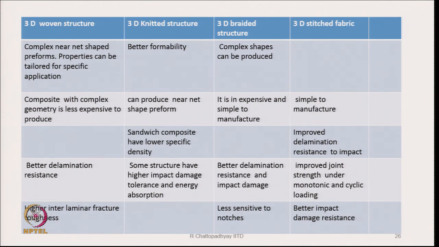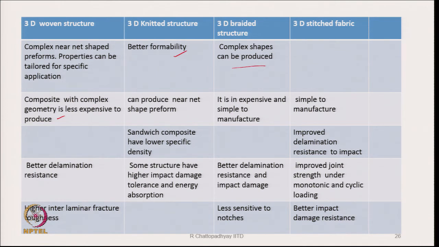Woven structure 3D, complex near net shape of preforms, properties can be tailored for specific applications. 3D knitted structures are better for mobility. 3D braided structure, complex shapes can be produced also if you have a 3D braiding machine. And the other thing is composite with complex geometry is less expensive to produce. So, 3D structures we can produce a lot of composites nowadays.